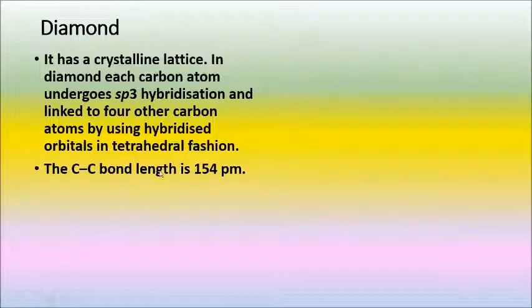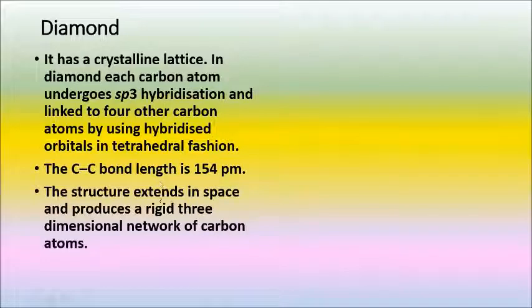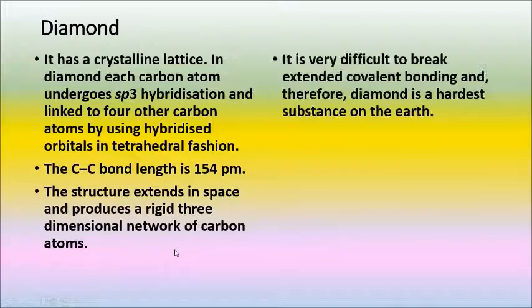The carbon-carbon bond length here is 154 picometer, and the structure extends in space and produces a three-dimensional network of carbon atoms, in which the covalent bonds are very difficult to break. That's why we say diamond is the hardest substance on earth.